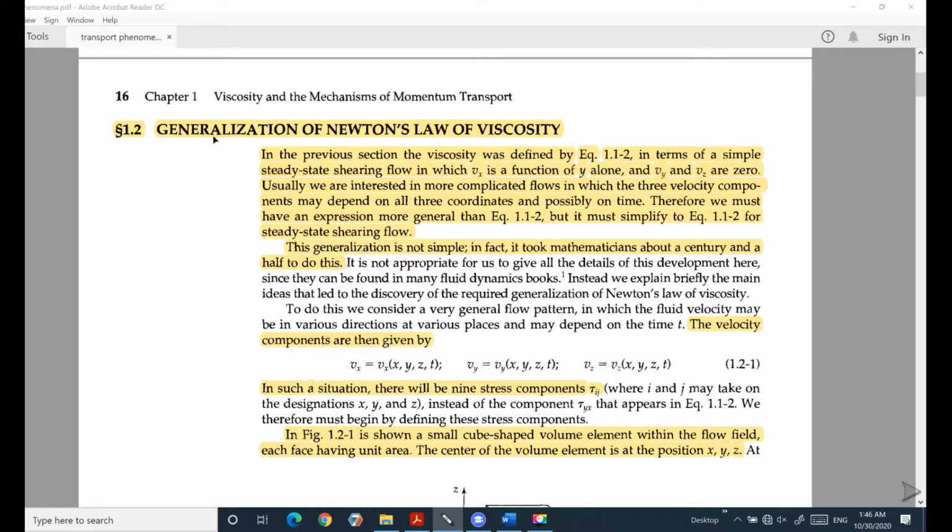So the topic is the generalization of Newton's law of viscosity. In the first example, we just considered the velocity profile of the fluid in between two plates in the x direction. So we obtained just one component of the velocity, Vx, but Vy and Vz were zero.